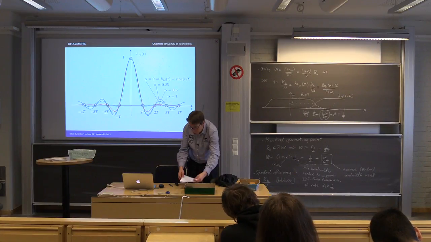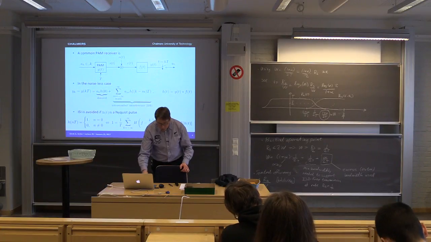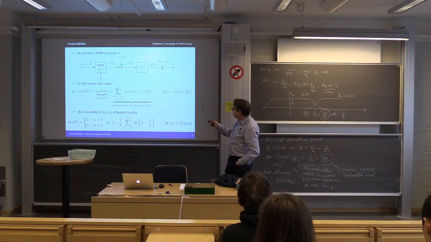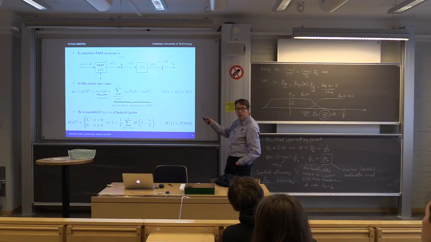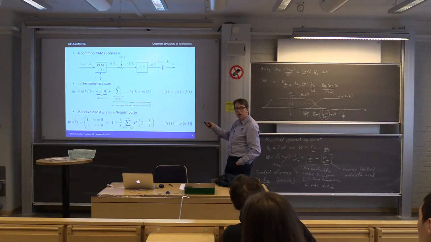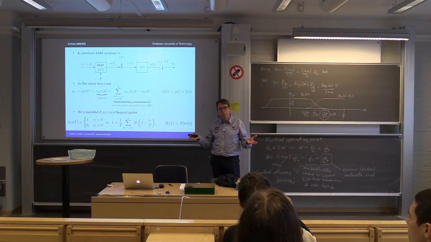Now, maybe somebody is bothered by the following fact, that we have been talking about H all the time. And what is H? H is the convolution between G and F. G is the transmitter pulse and F is the receiver impulse response. We have talked about how to design the convolution of that, but we haven't really talked about how to select G and F in order for this to work.